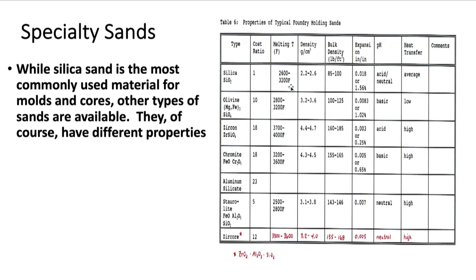There's a density there. The bulk density means, when you make green sand out of it, what is it per cubic foot of sand? Not just the actual sand, one sand grain.